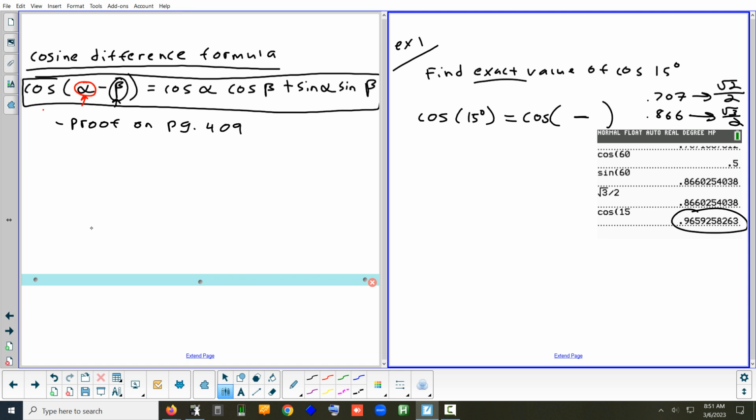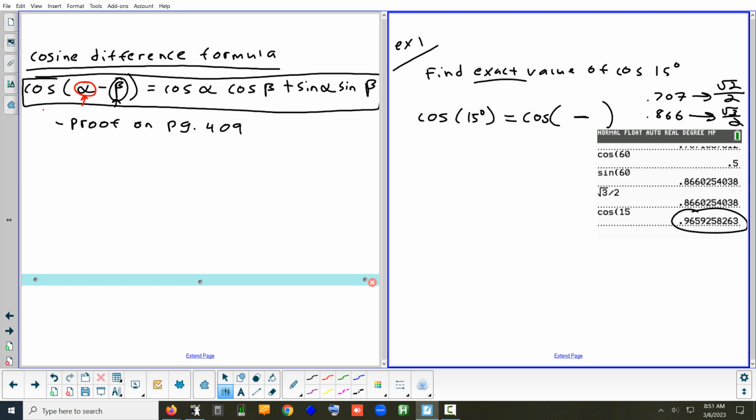You have to write 15 as a difference between two numbers, but the numbers have to be multiples of 30 and 45. So can anybody think of how we could write 15 as a subtraction problem?